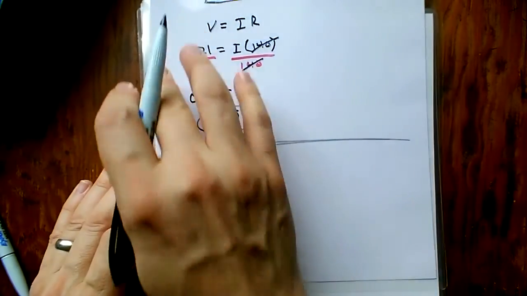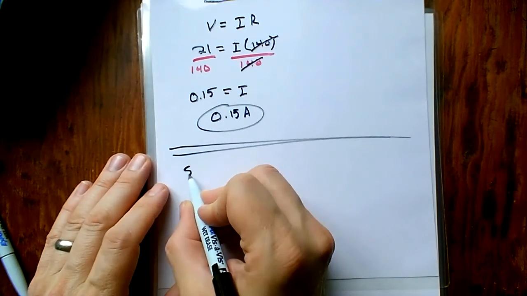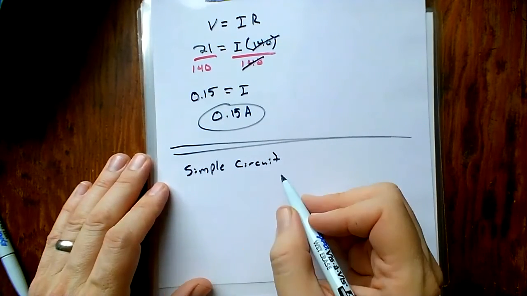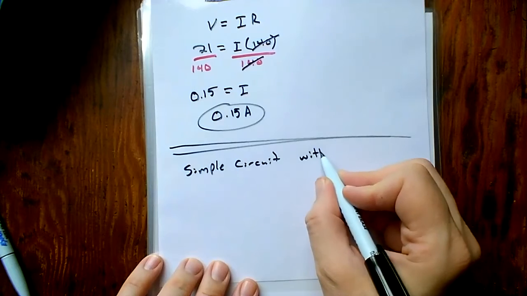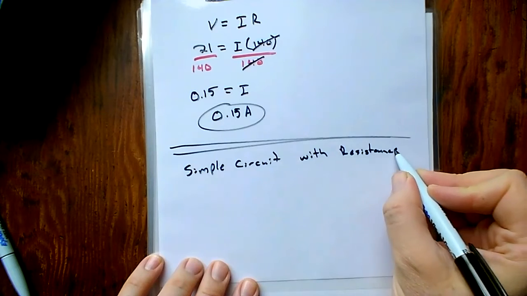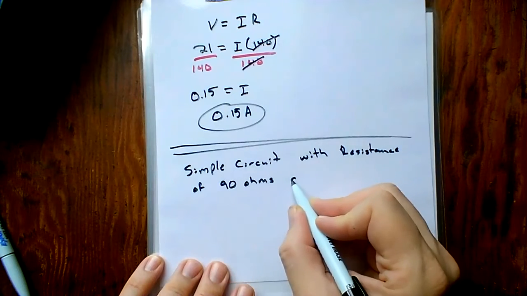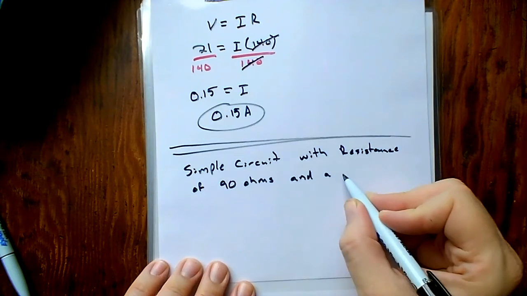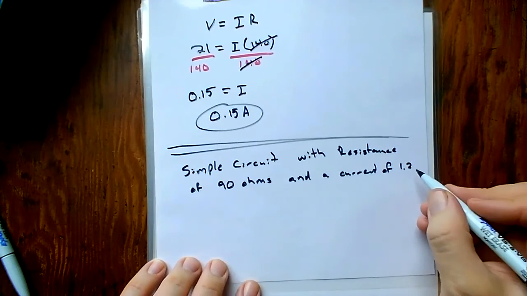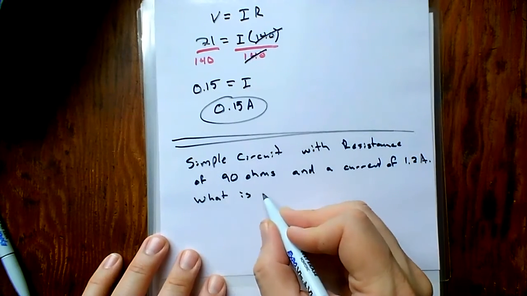If you're given a simple circuit, we might be told that I've got a simple series circuit with a resistance of 90 ohms and a current of 1.2 amps. What is our voltage?